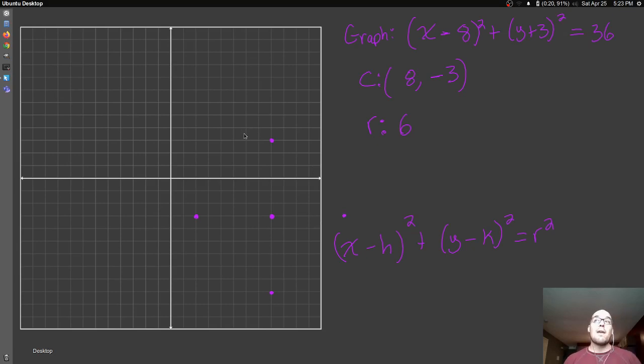And then if I were graphing this on paper, I would actually take a compass, center it on my center, measure it across, and then draw it. Instead, right now, I'm just going to freehand it here.